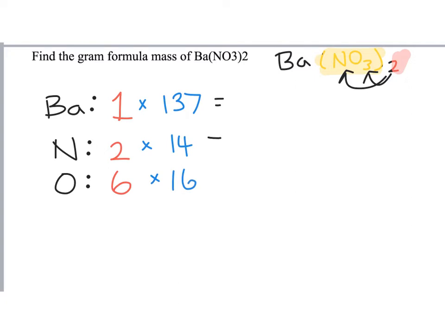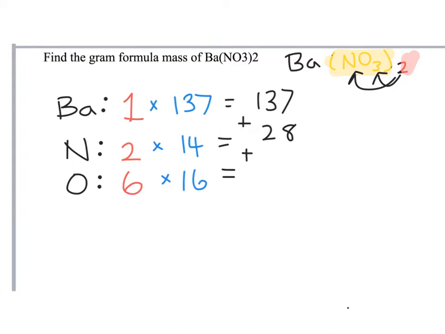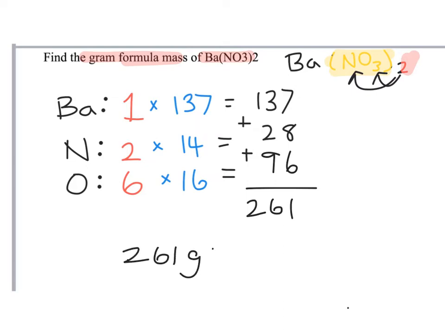Again, we just simply multiply these out and add them up, so 137 plus 28 plus, which should be 96 if my math is correct. And overall, that should give us an answer of about 261. Let's not forget the units. The gram formula mass of this substance, barium nitrate, is going to be 261 grams per mole.